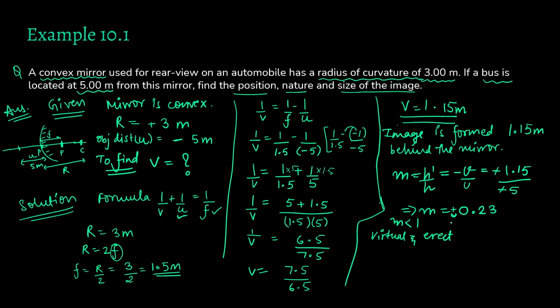And the second thing that you will say is that the size of the image is diminished. Okay. So now you can see how many things you can just tell by the magnification formula. One thing you've said here, virtual and erect. The second thing you will say that diminished also. And the reasoning for this, you will give that M is less than 1. So that solves your question.